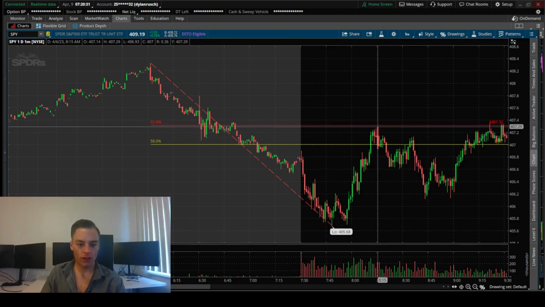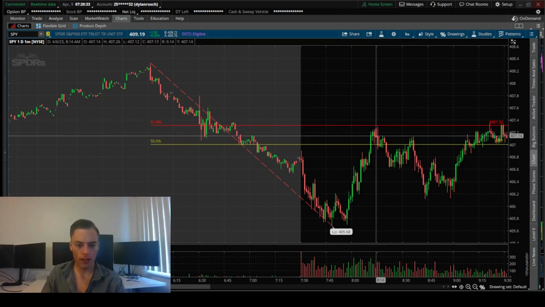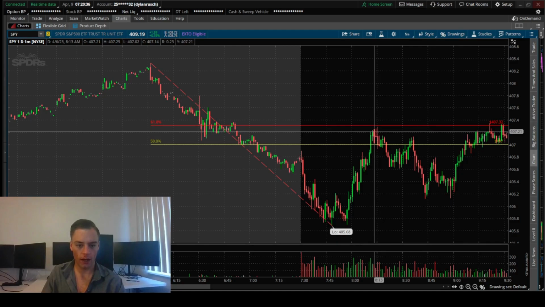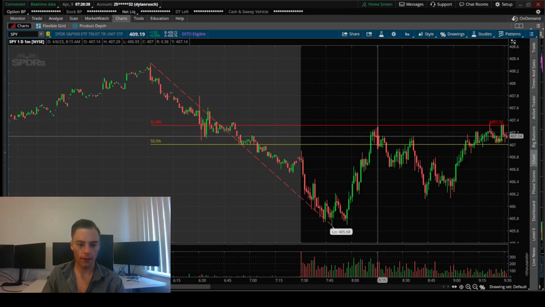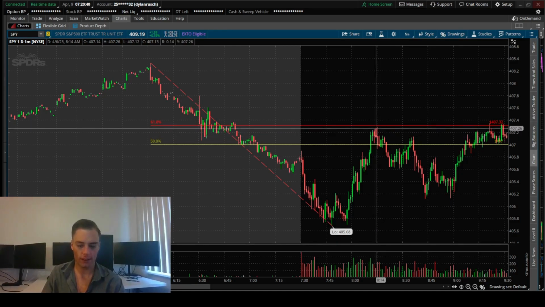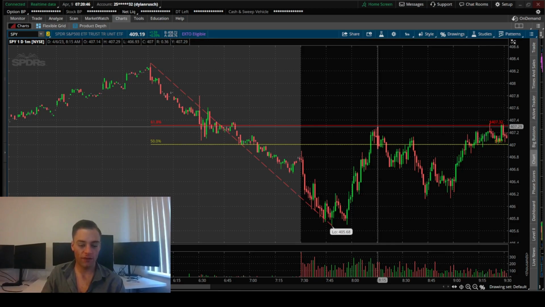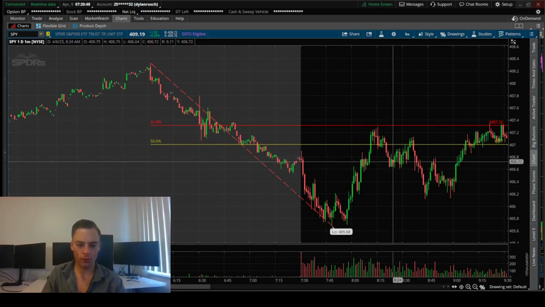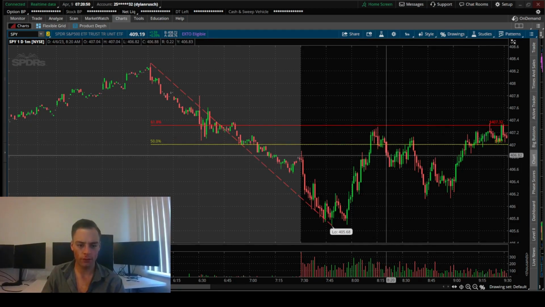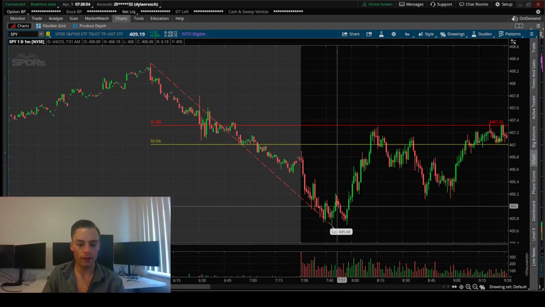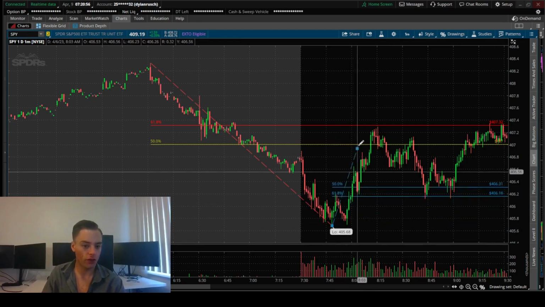I take my position somewhere in these candlesticks after seeing that we have rejection in this area, and I'll have my stop loss above the 61.8% area to give myself a little bit of room on the contract. From there, I'll take my first take profit at 15 to 20%, which we got on this move, and anything remaining on my contracts I'll usually run until we have another Fibonacci retracement.